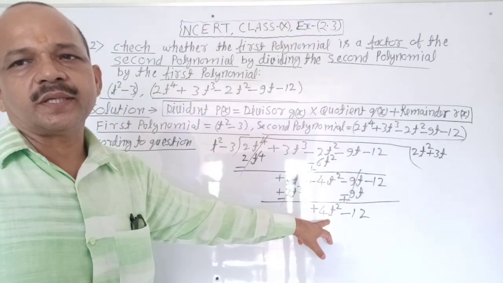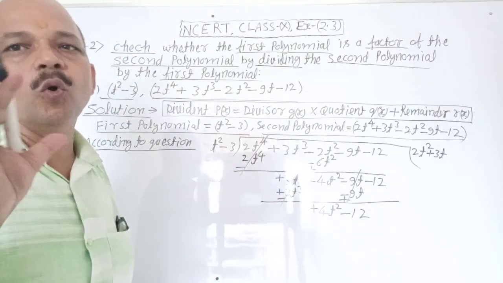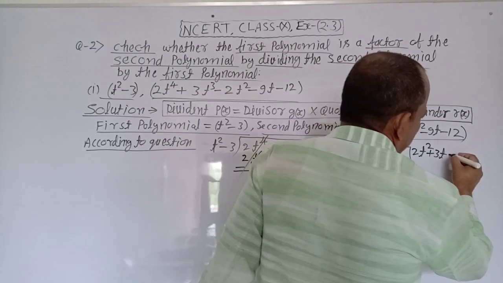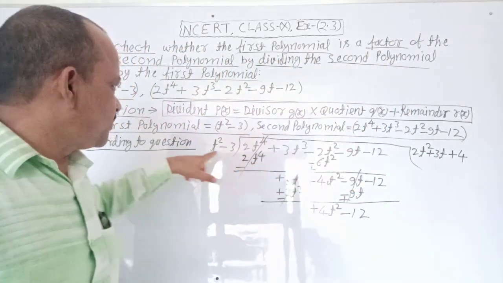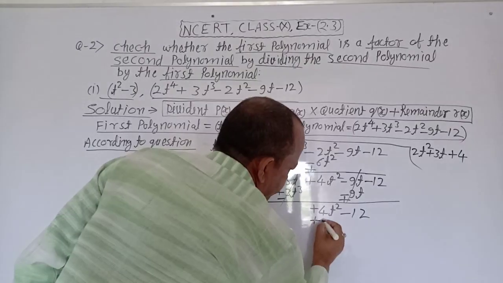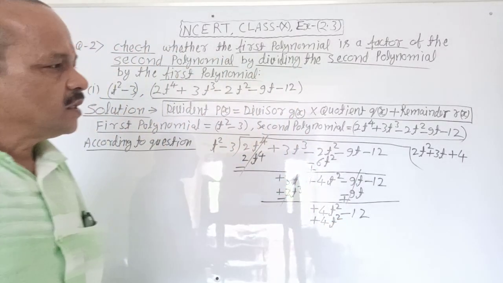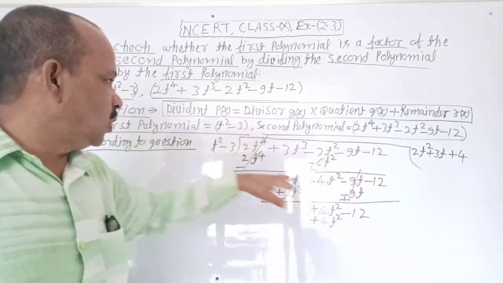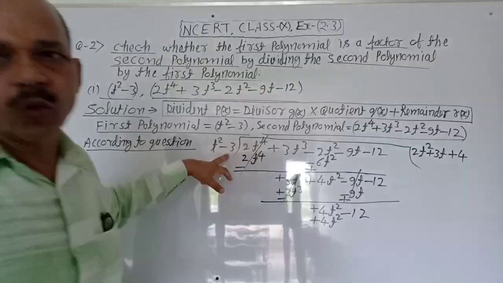Here 4t square. So you divide 4t square by t square. You find 4. Here plus 4. Now you multiply 4 and t square. It becomes plus 4t square. Now you multiply plus 4 and minus 3. It becomes minus 12.